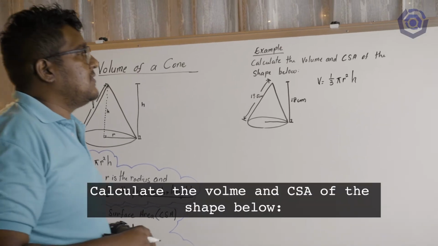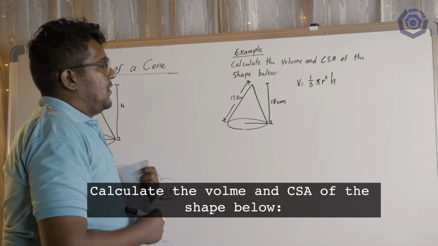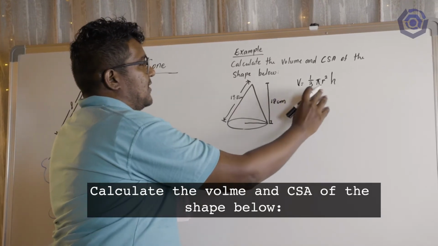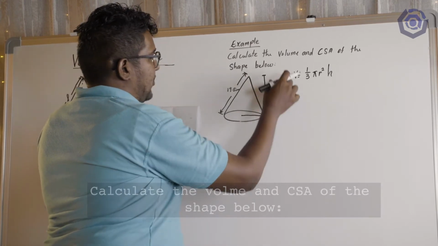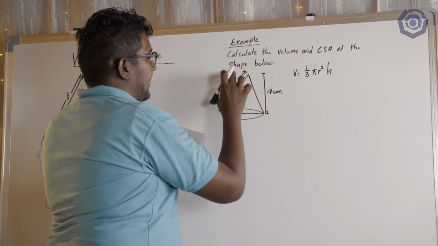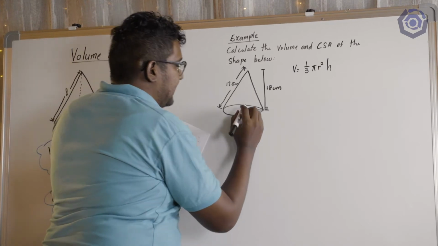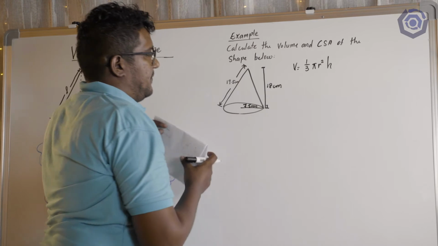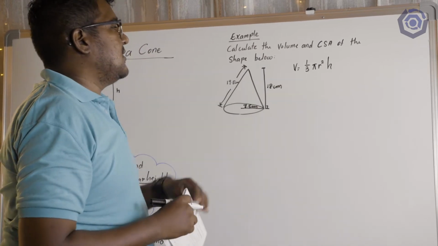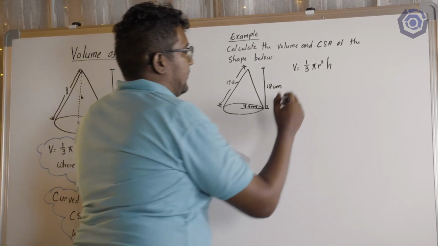Now you have an example here. Calculate the volume and curved surface area of the shape below. Volume is equal to 1/3 pi r squared h. Here you have h, which is the perpendicular height. Here you have our slant height, and the radius is 7.5 cm. So let's substitute these values into our formula and find the volume.